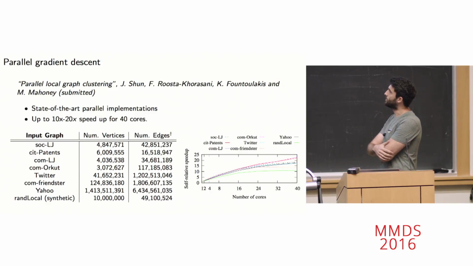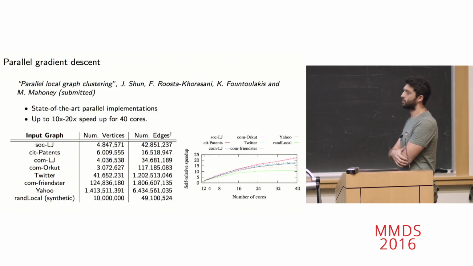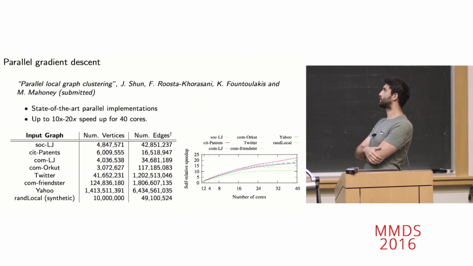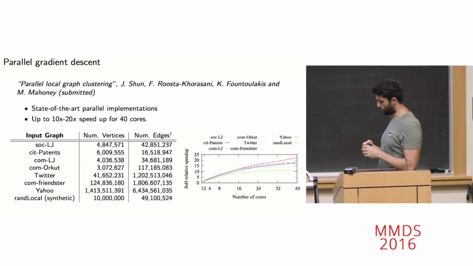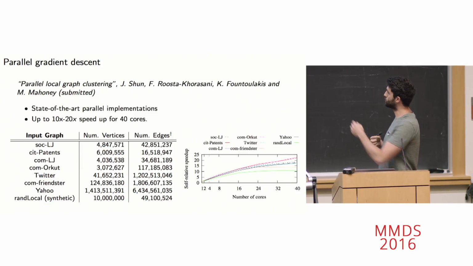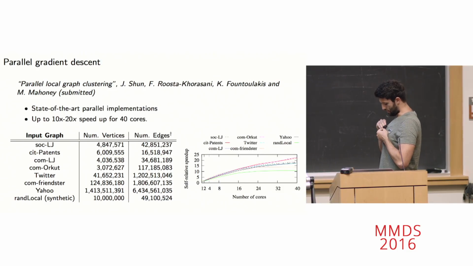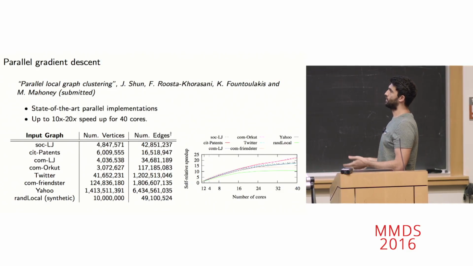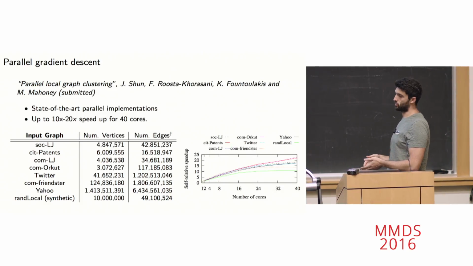Now, Julian came in and he said, I can parallelize this stuff. So he made an extremely nice state-of-the-art implementation of parallel gradient descent. And then we tried this on problems of millions and billions of nodes, which are shown in the table on the left. And we saw that the algorithm can be 10 to 20 times faster on a 40-core machine.